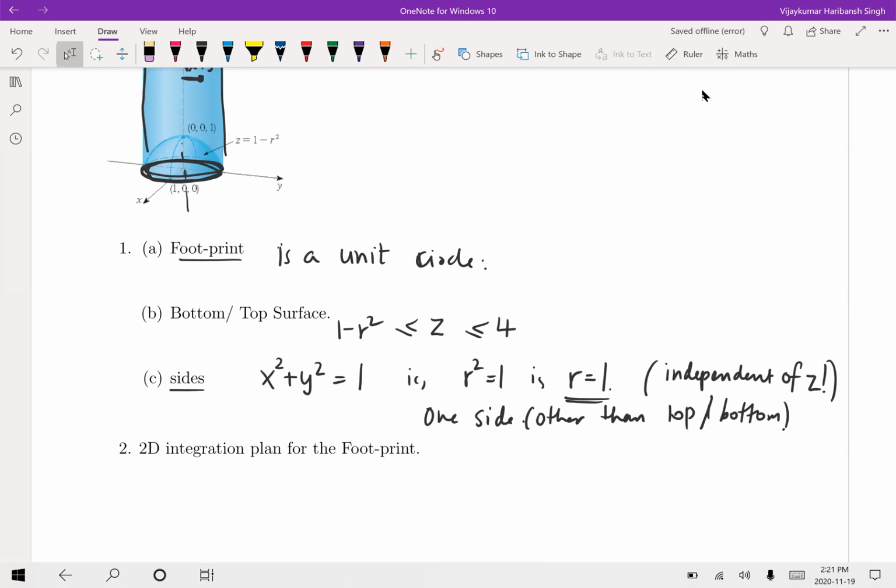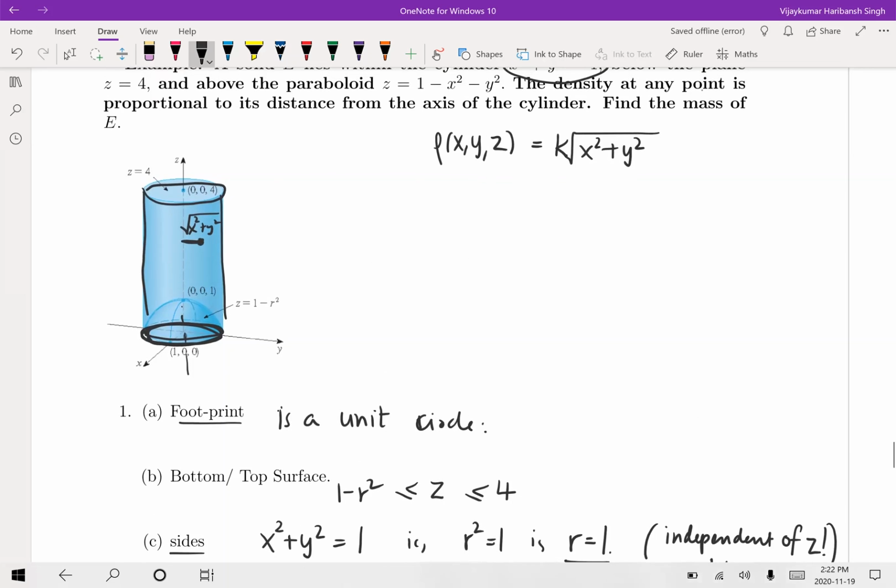So what is the 2D integration plan for the footprint? Again, it's a circle, so theta goes from 0 to 2 pi, and r goes from 0 to 1.